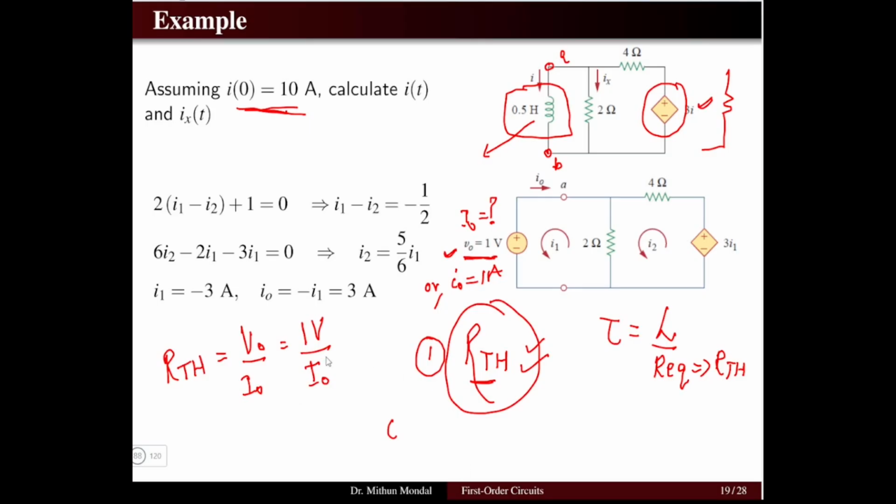Now, to determine the current I0, I can apply any known concept or theorem that we have studied in circuits. So here we can apply the mesh analysis.